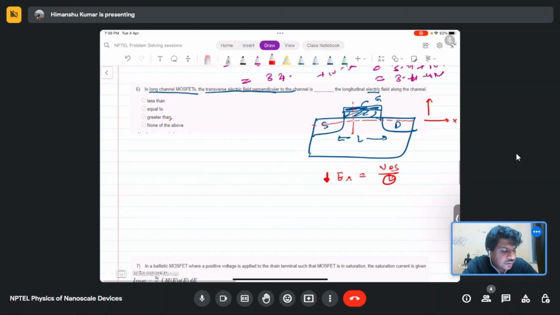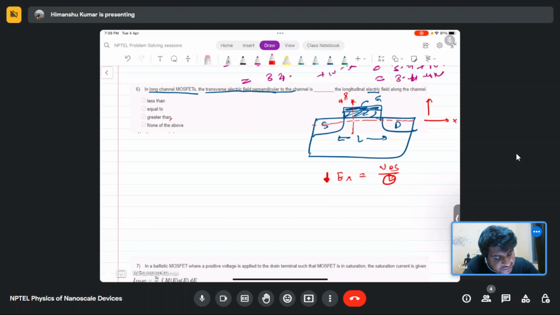The dimensions in the vertical direction are at the level of a few angstroms. The gate oxide thickness is something like 10 angstrom or 1 nanometer, so these directions are quite small.